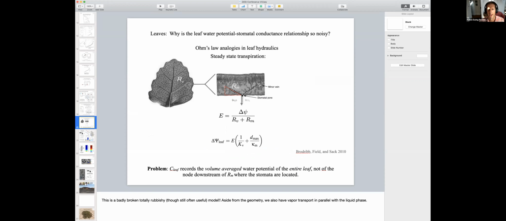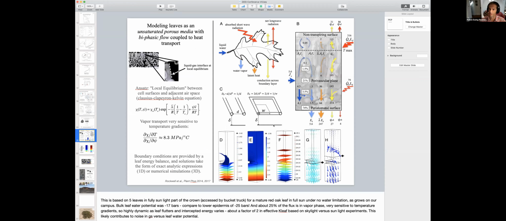The problem is the water potential is a bulk leaf water potential, and yet in the model, it's supposed to be stomatal water potential. How big of an error is that? I solved the full thing with coupled heat and mass transport, allowing for vapor transport in conjunction with the liquid. We end up with a difference of about 8 bars between the bulk leaf water potential and the stomatal water potential. So you could drive a bus through that gap.